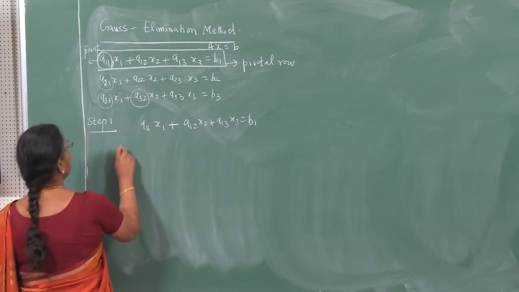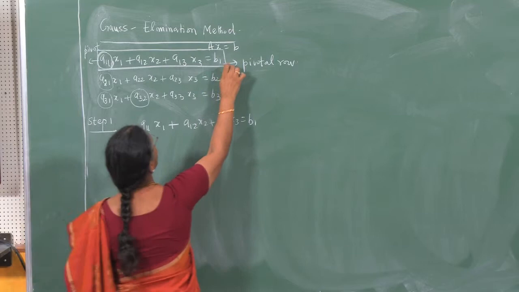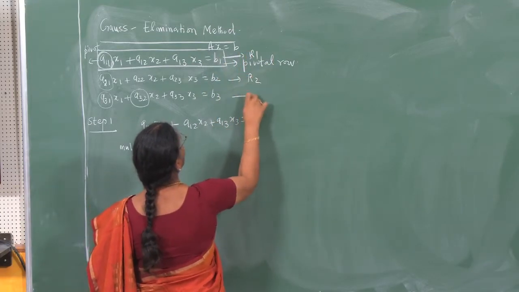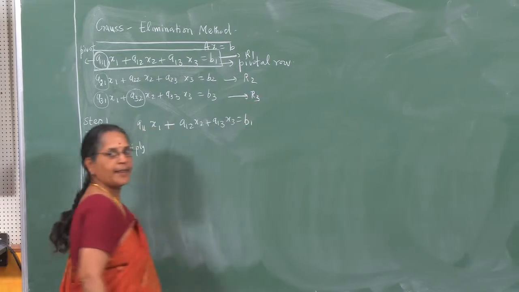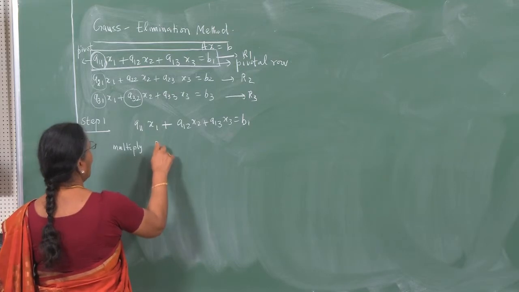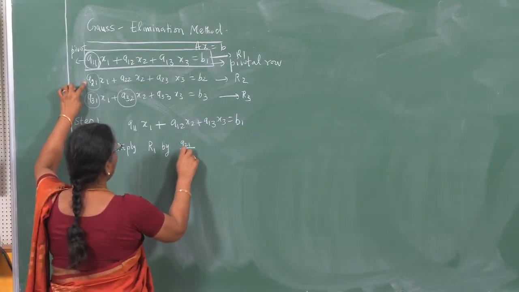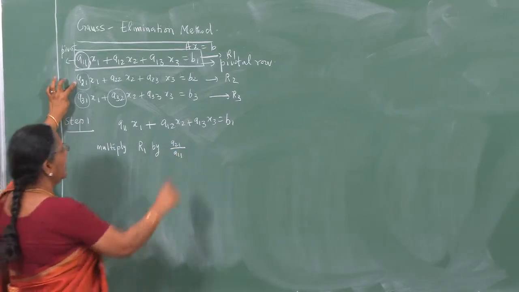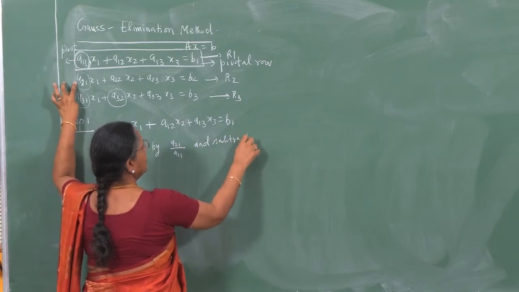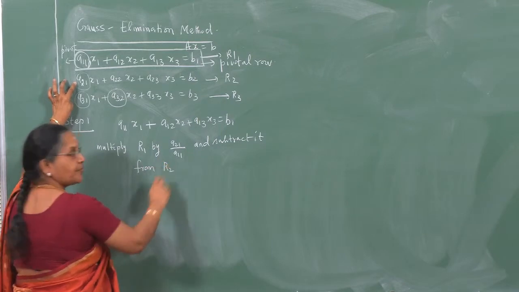I multiply the first equation, maybe I call this row 1, this is row 2 and this is row 3. So, I shall multiply the first equation R1 by A21 by A11 and subtract it from the second equation R2.